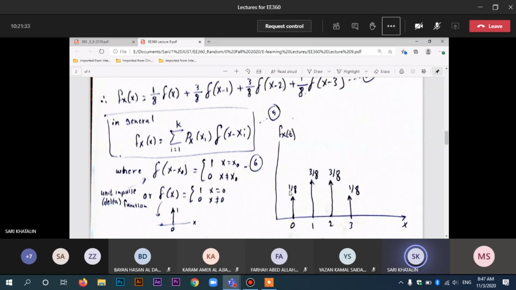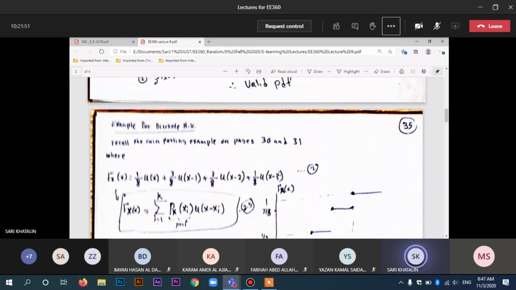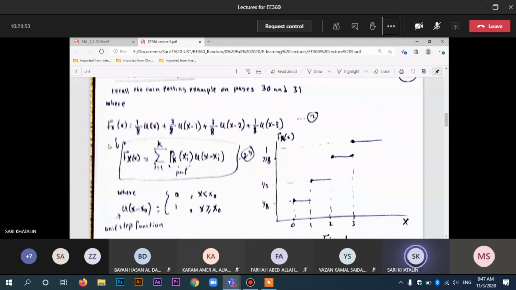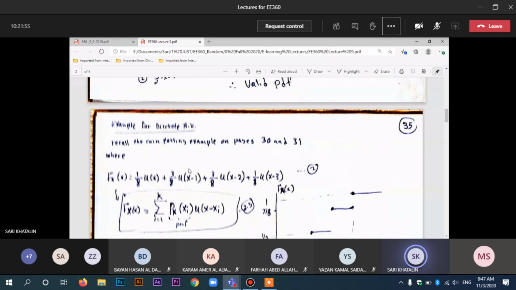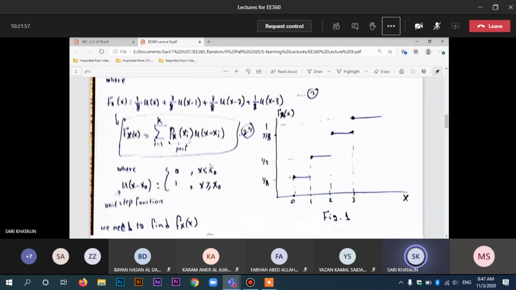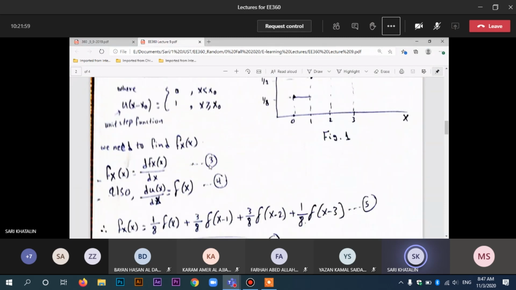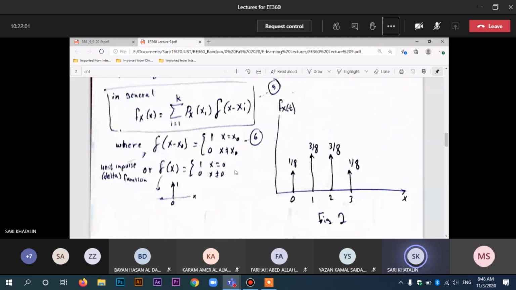So at 0 it will be 1/8, at 1, 3/8, at 2, 3/8, at 3, 1/8. These are the values right here. Now, the CDF is cumulative. You begin with 1/8 and then you add these together and continue until you reach 1, okay? So when you have a discrete random variable, that's how you do it. You just take the impulse function, for example.